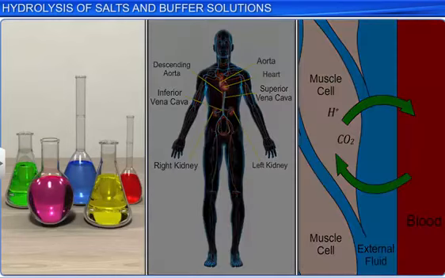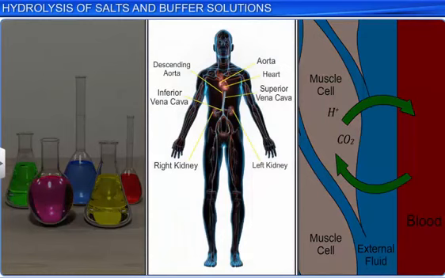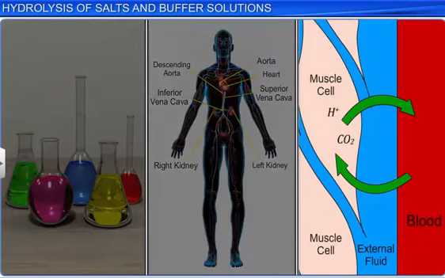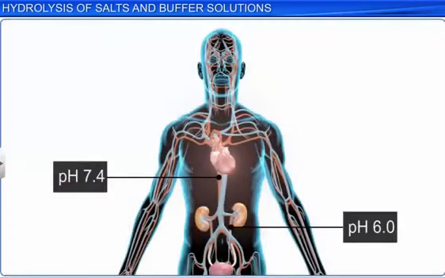Buffers help maintain the life process by maintaining the pH in the body at a constant level. The pH of blood is about 7.4. The pH of normal urine averages about 6.0. Any deviation in their pH indicates malfunctioning in the body.